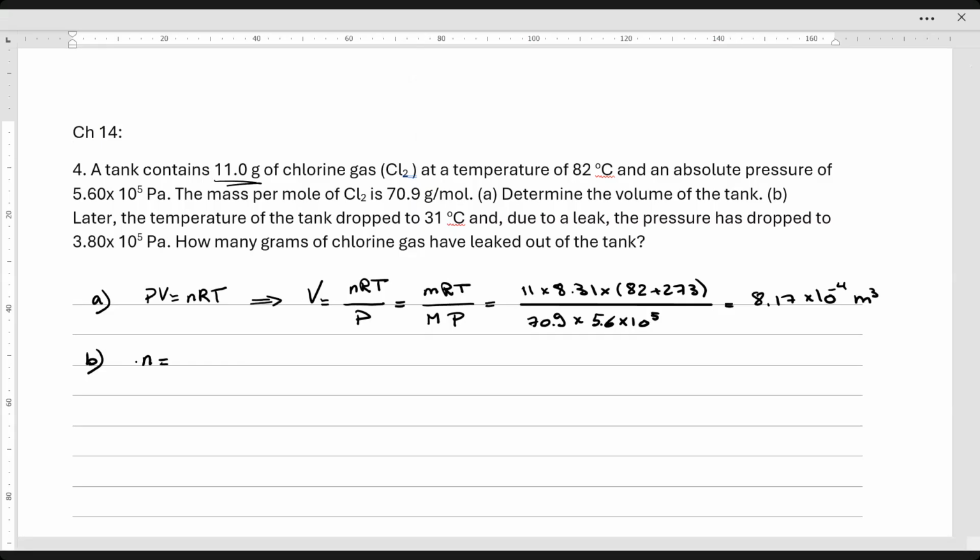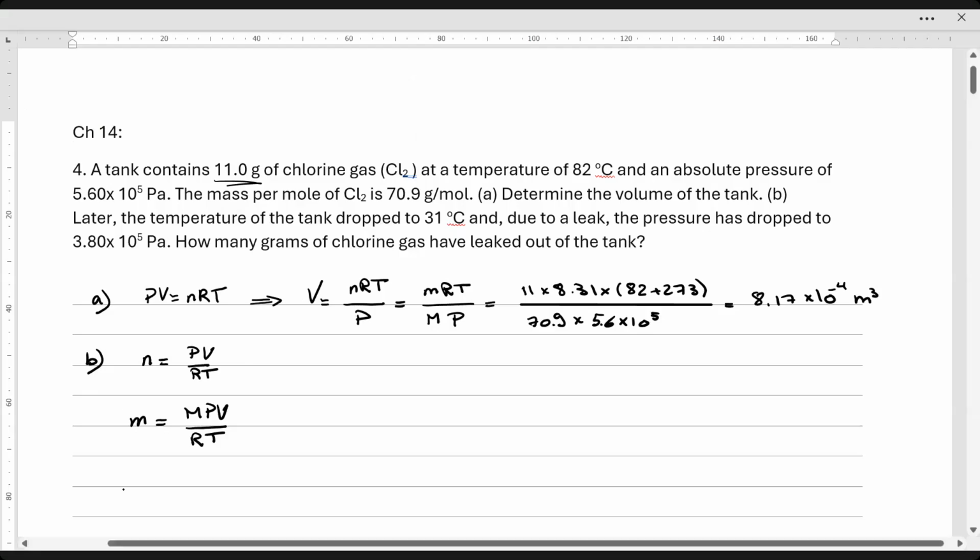This can be written as PV over RT. And then the mass in the tank can be written as the molar mass times P times V over RT. So this is the mass that we have in the tank.